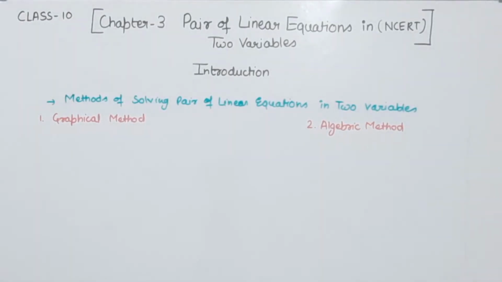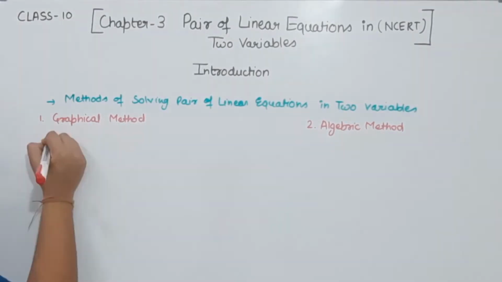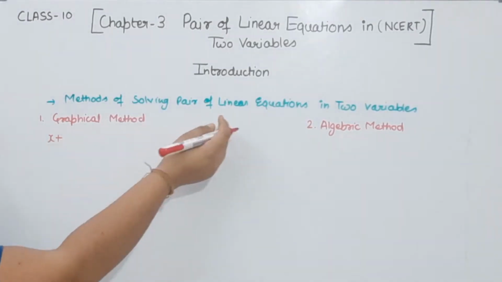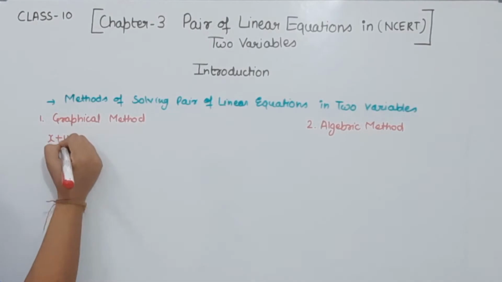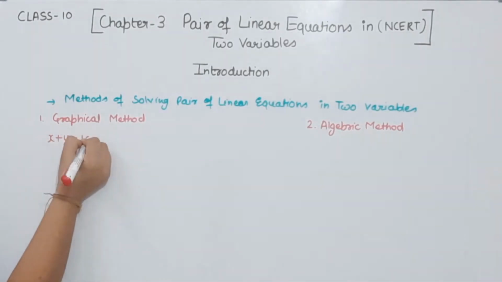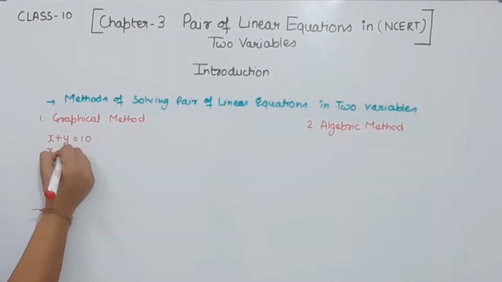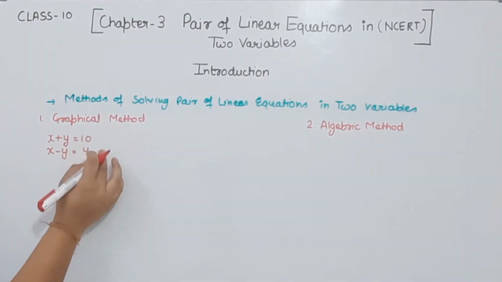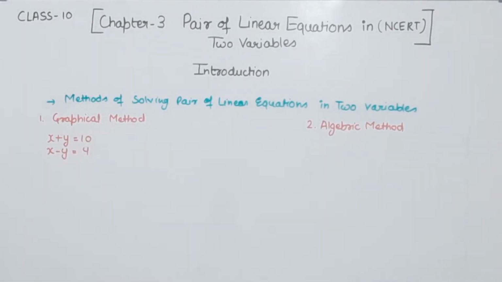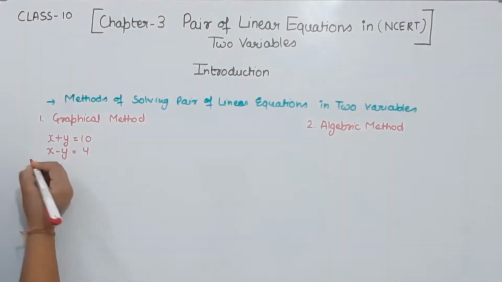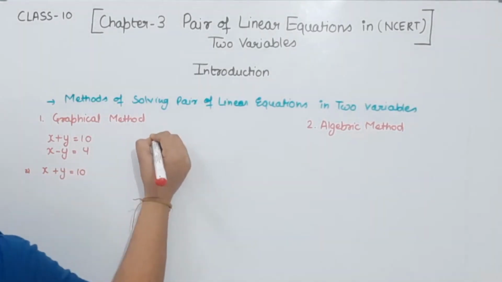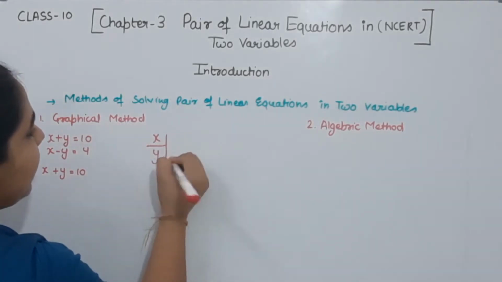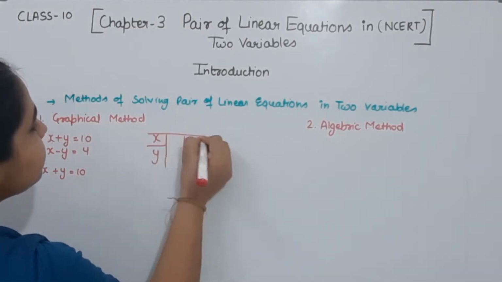We will understand this with a pair of linear equations in two variables: x plus y equal to 10, and the second one x minus y equal to 4. Now we have to solve this. For that we take the first equation first. We will take values of x and y and solve this.